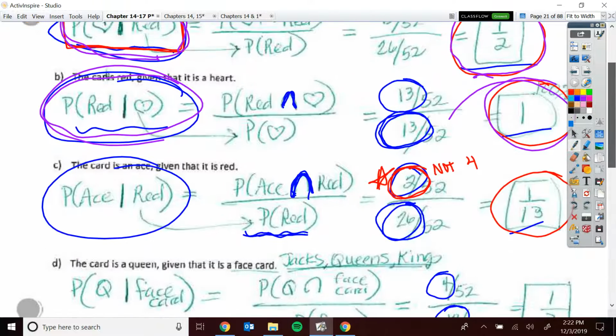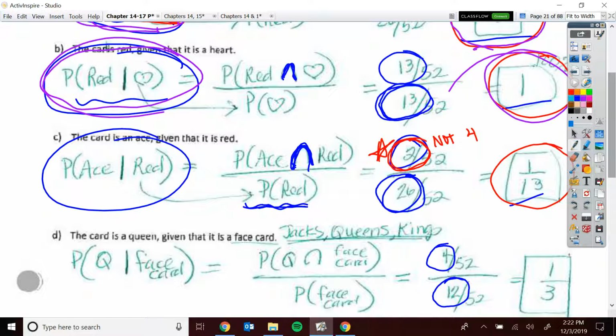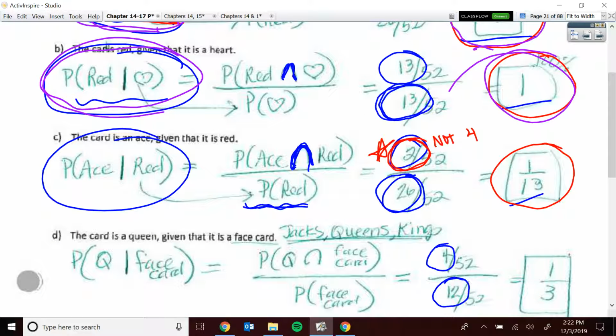Okay, I want to make sure, look at what you put for C. A common mistake that people do on part C is they put 4 on top, and it is not 4. Okay? Because people put all the aces over all the reds, and that's wrong. So this says, given that it's red, so you need to think in terms of, I have the red cards in my hand, and I have trashed all the black ones.